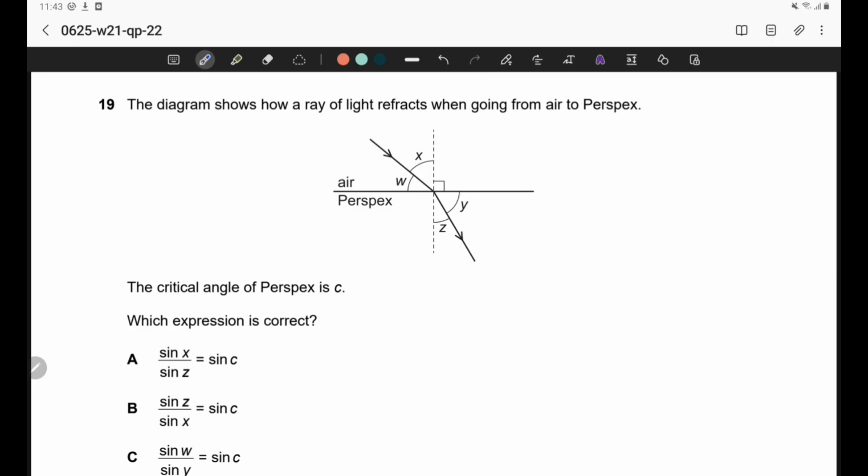Question 19. The diagram shows how a ray of light refracts when going from air to perspex. The critical angle of perspex is C. Which expression is correct?